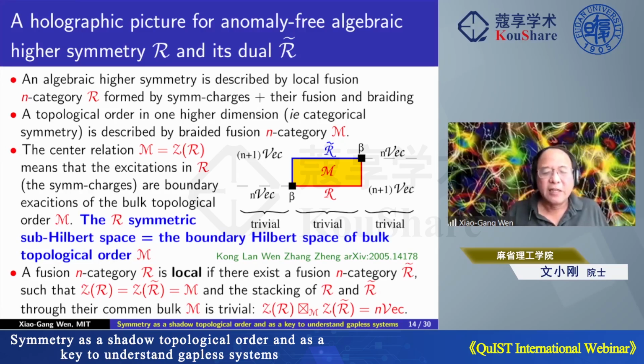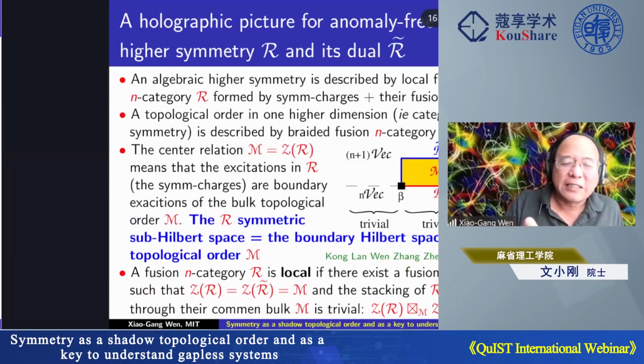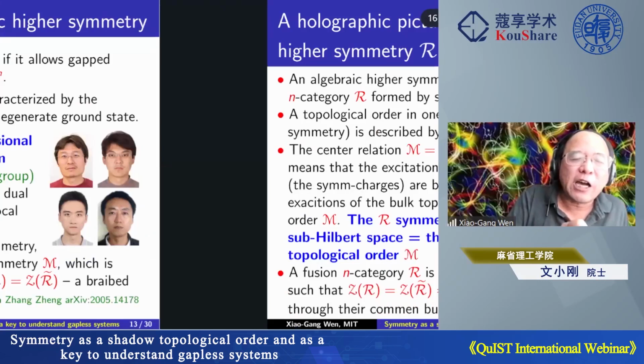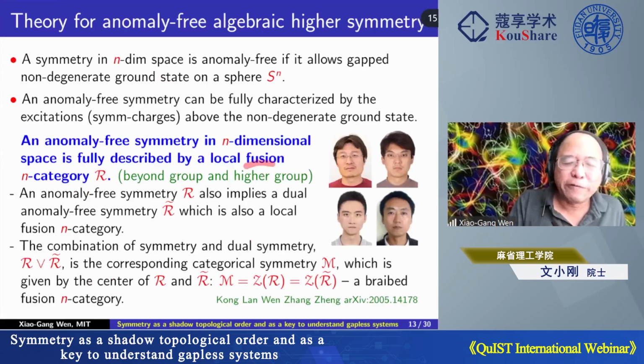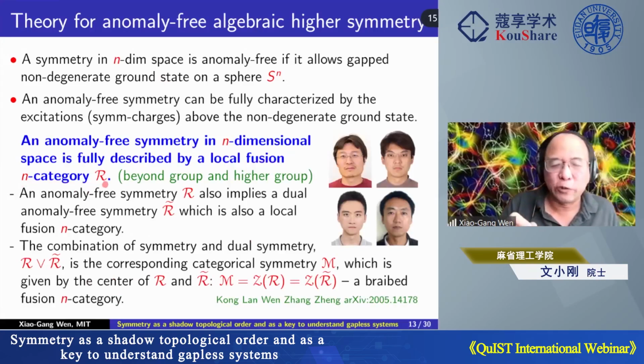Okay. And so actually, in my description above, there's an important qualifier I did emphasize: the symmetry charges not only form a fusion n-category, they actually form a special kind of fusion n-category, which is called the local fusion n-category. So we cannot say that a fusion n-category describes symmetry charge and describes a symmetry.